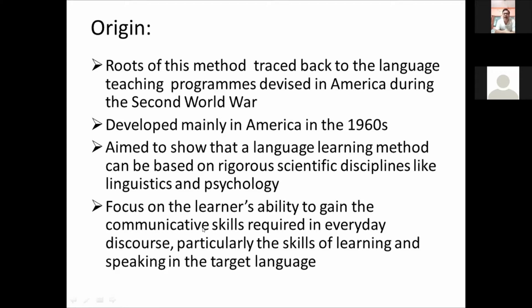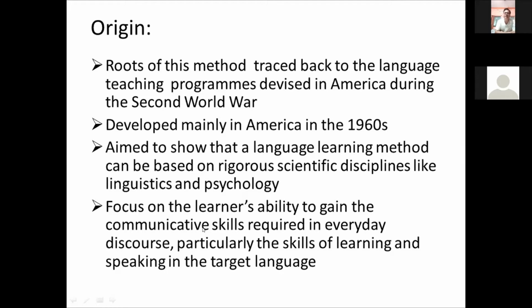And as far as this method is concerned, from the name you can very easily understand that the main focus of this method was to develop the learner's communicative skills so that he can use the language in everyday discourse. The focus was mainly on the skills of listening and speaking in the target language.